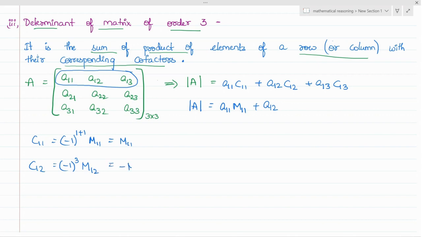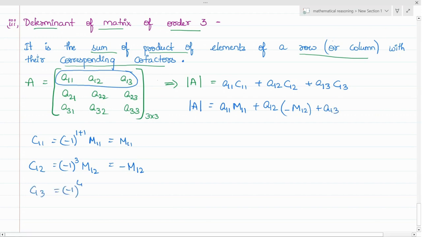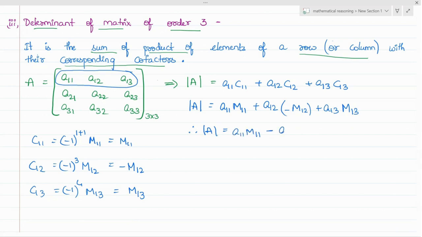So it becomes the negative of minor. So in place of C12, we can write the negative of M12. Whereas for C13, it is minus 1 whole power 4. Why 4? It is 1 plus 3. So it just remains as it is. So it is M13. So hence the final determinant will be A11 M11 minus A12 M12 plus A13 M13.